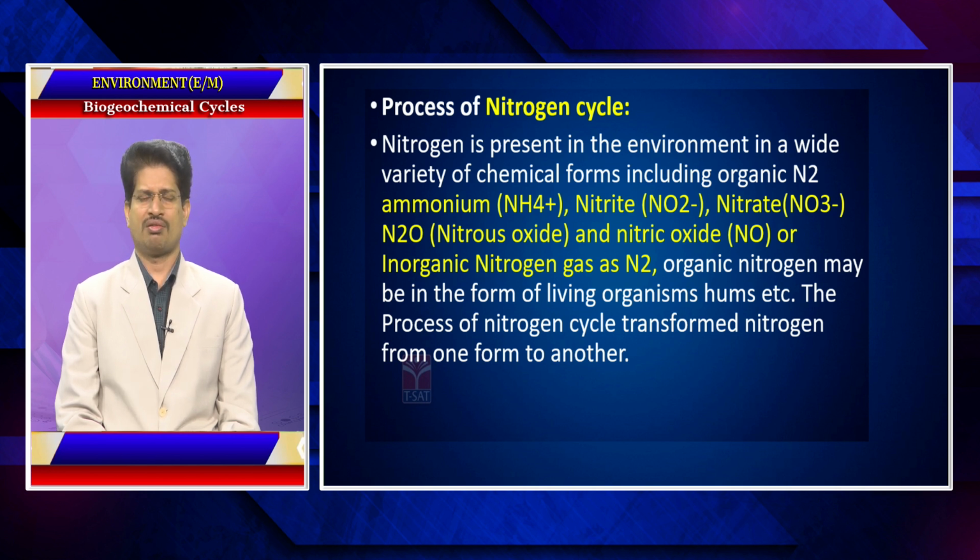So, the basic source or reserve of nitrogen is air. 78% of the air contains nitrogen, but this nitrogen cannot be directly utilized by the plants. The nitrogen present in the air needs to be transformed into another form, which can be absorbed by the plants.